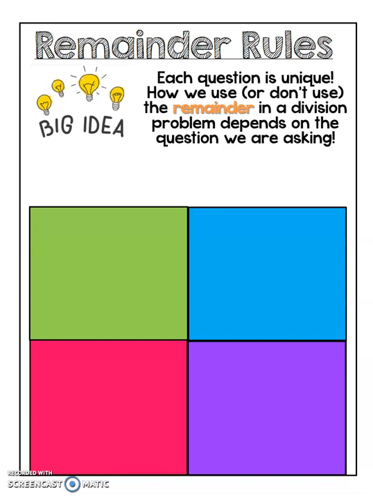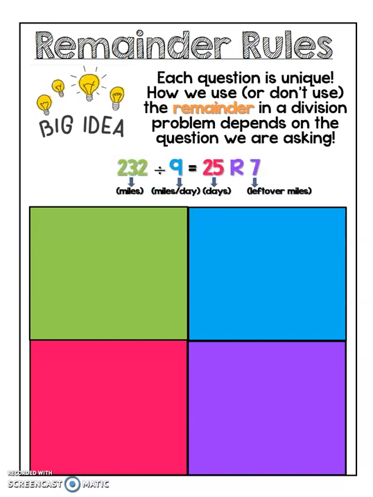So how we use, or maybe even don't use, the remainder in a division problem totally depends on the question that we're asking. Just a little refresher, and those of you that watched the other remainder rules video know the story problem that goes along with this equation. When we set up a division equation, our dividend, the unit will be given to us from the word problem. In this example, there was a family hiking 232 miles and they were going to do 9 miles per day.